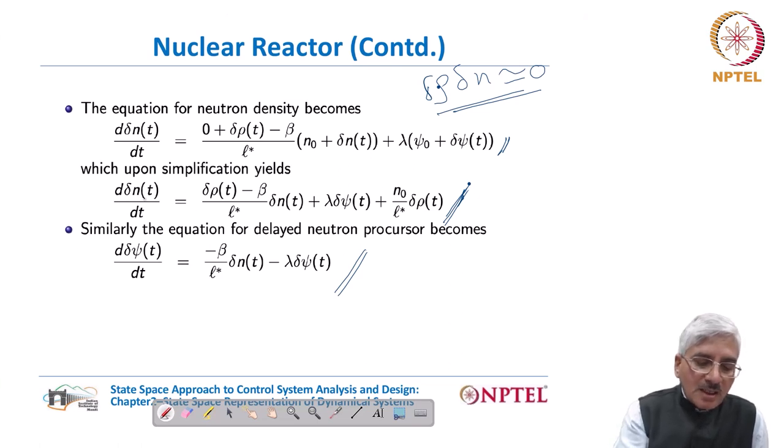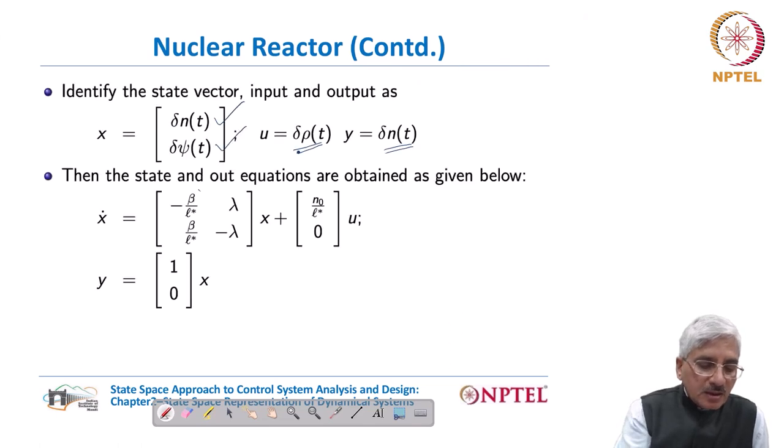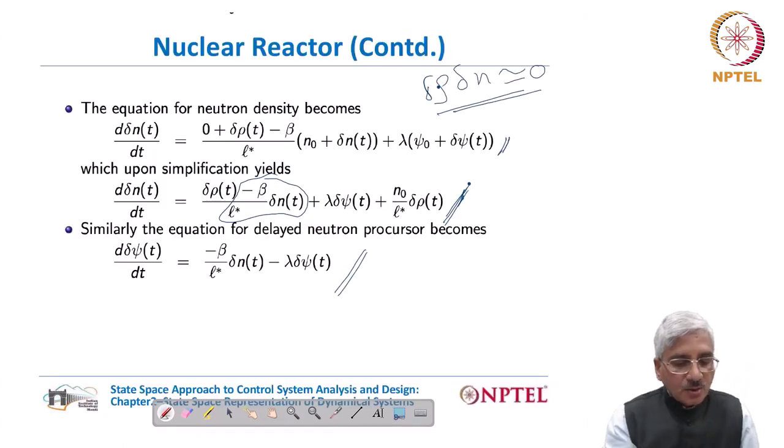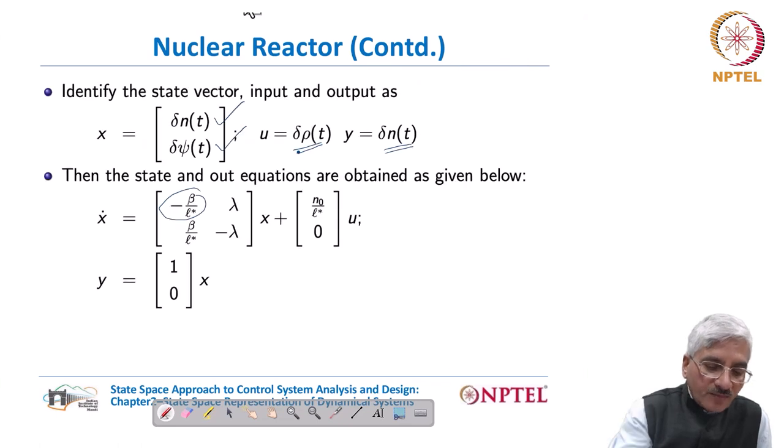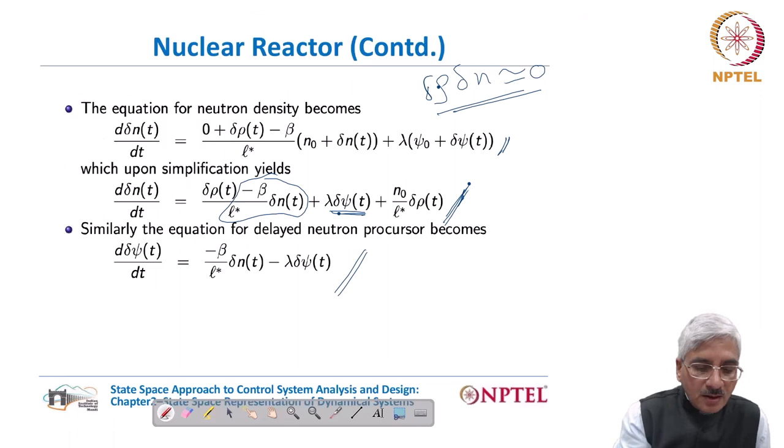d delta n by dt has the term minus beta by L into delta n. So that beta by L with a minus sign comes here. The other term is lambda times delta psi, so that lambda comes here, and plus n0 by L into delta rho.